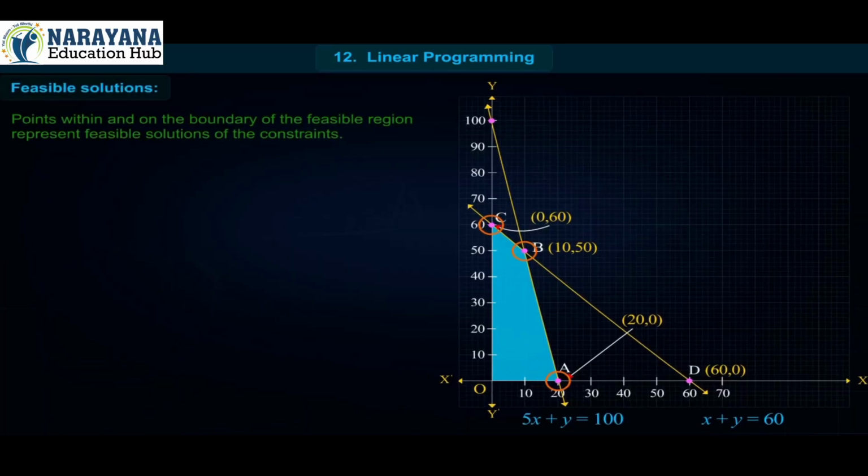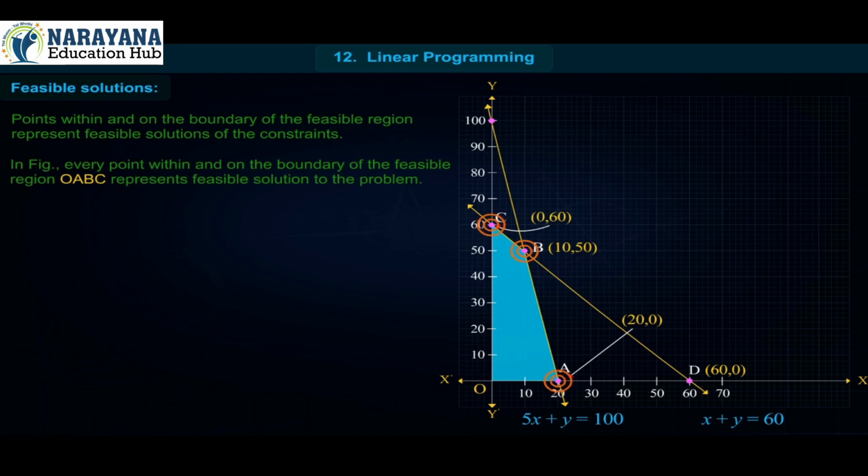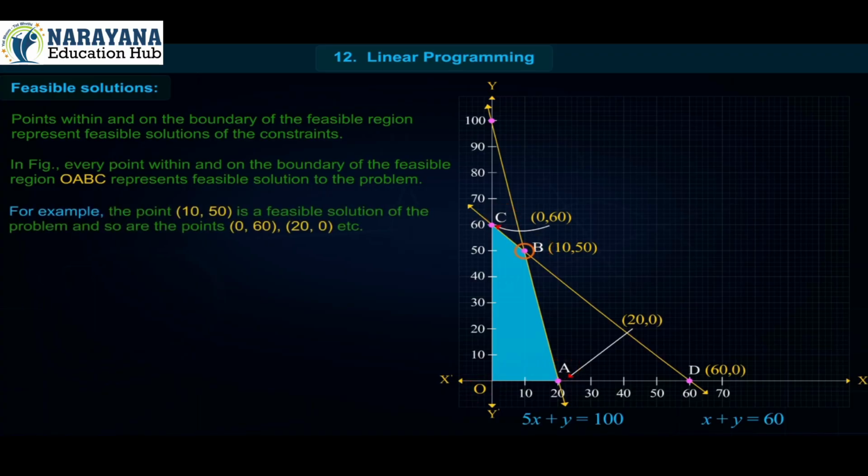Feasible solutions. Points within and on the boundary of the feasible region represent feasible solutions of the constraints. In the figure, every point within and on the boundary of the feasible region OABC represents a feasible solution to the problem. For example, the point (10, 50) is a feasible solution of the problem, and so are the points (0, 60), (20, 0), etc. Any point outside the feasible region is called an infeasible solution.